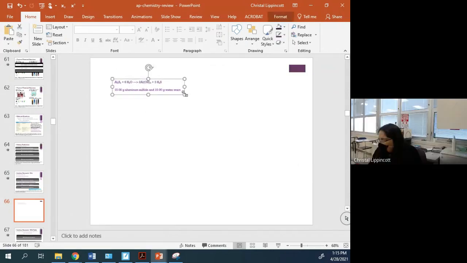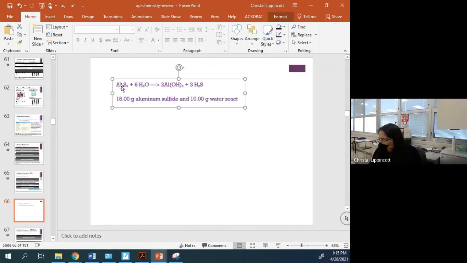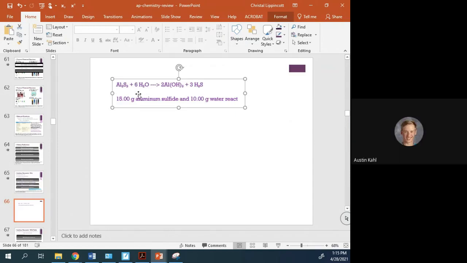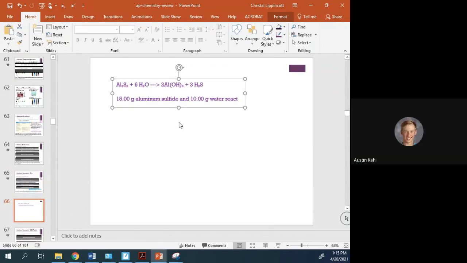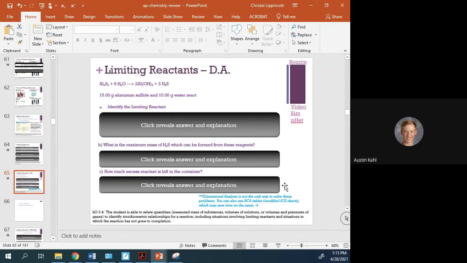Well, you've got to look at that though, because this is in a 6-to-1 ratio. Yeah, I factored in the 6. When I was dividing 10 for water, I multiplied 18 for the molar mass by 6 to account for that.